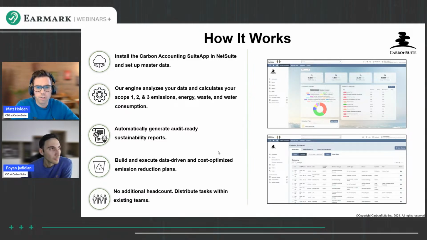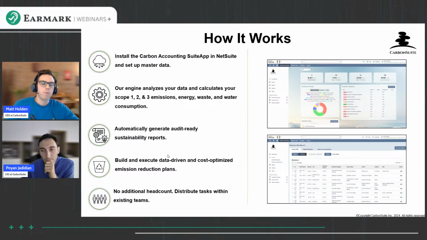Again, it's what's called a Suite app. So you install this Suite app into your NetSuite account, and then we have an engine that analyzes your transactional data in the system, and then it calculates your emissions, scope 1, 2, and 3, and can also produce data related to your energy consumption, waste, water, and other environmental metrics that are key to this type of reporting.